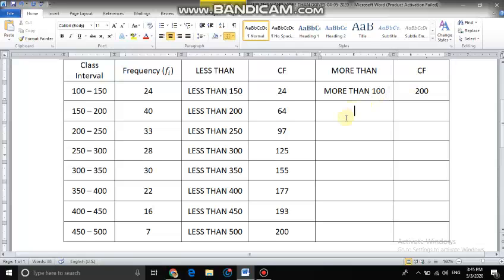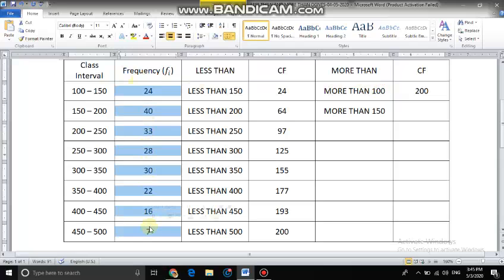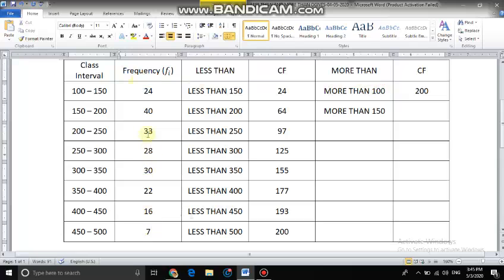Understood? So the next one will be more than 150. How many are spending more than 150? When I say more than 100 here, it is the sum of all these numbers, which already gives me 200. Now if I say more than 150, I cannot include these numbers. 100 to 150 will not be included in more than 150.